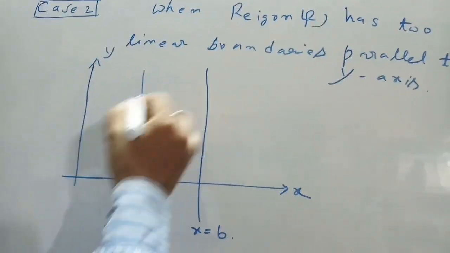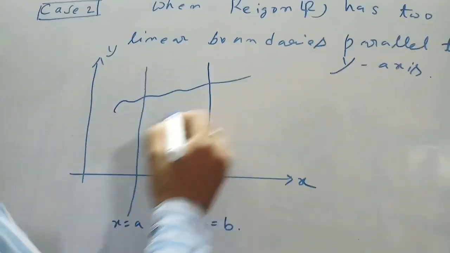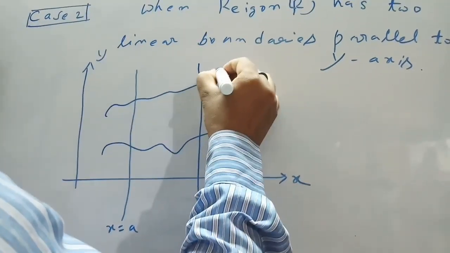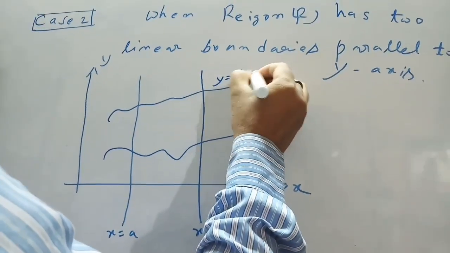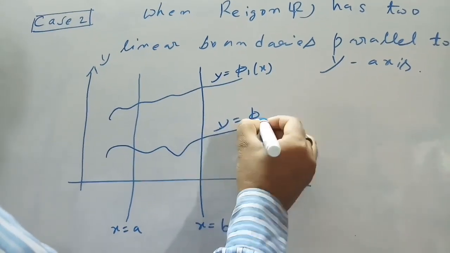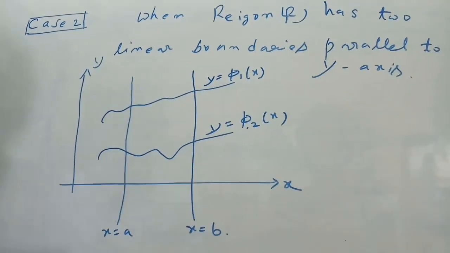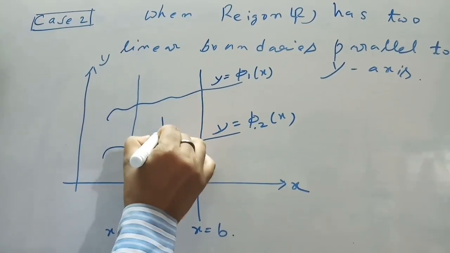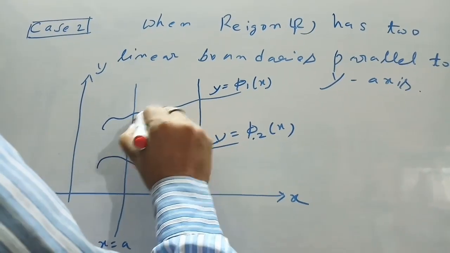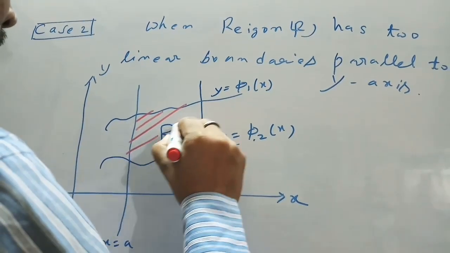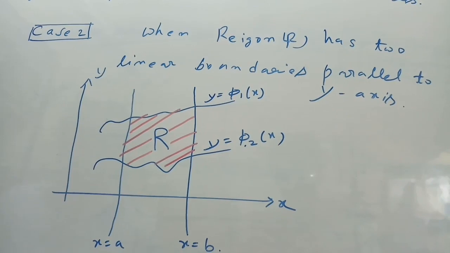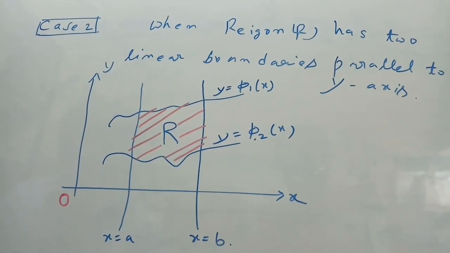The other two boundaries are any type of curve, with equations y equal to phi 1 of x and y equal to phi 2 of x. So this is the region R, and this is the origin O.